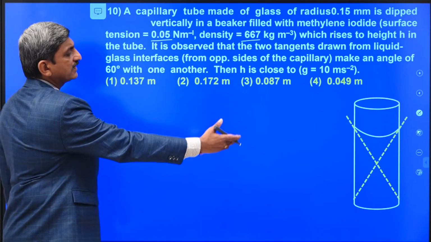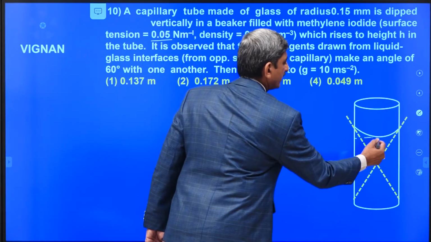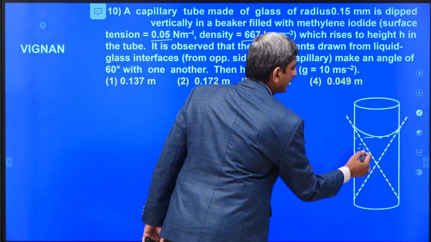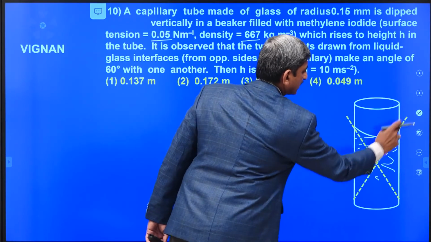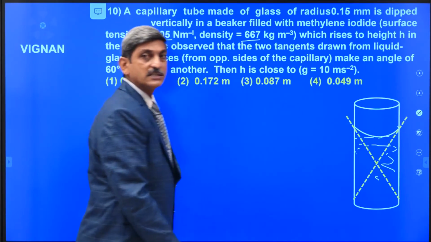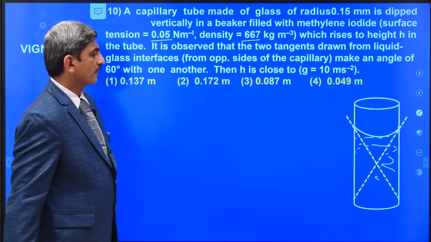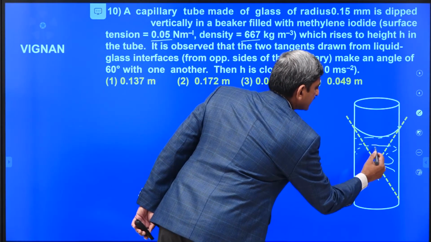Now let us see the arrangement used for studying the capillary rise. This is the liquid raised in the capillary tube. Now these are the two tangents drawn at the glass liquid interface. In this problem, this angle is given as 60 degrees.